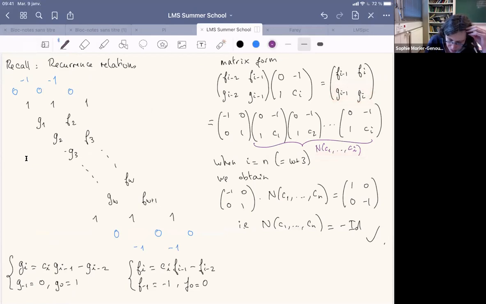If you want N, it is the same matrix, but with a negative sign here. If you put a negative sign here, it's the matrix N. So if you add the condition that the values in these rows are positive, that means that here you have positive numbers.